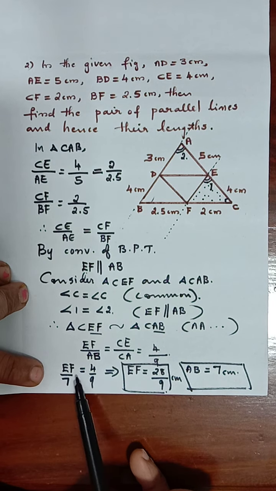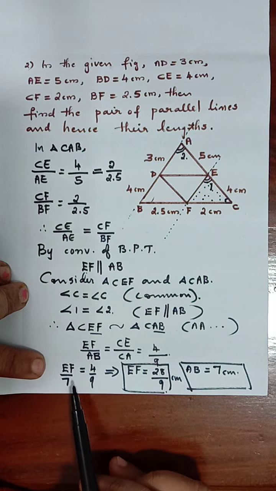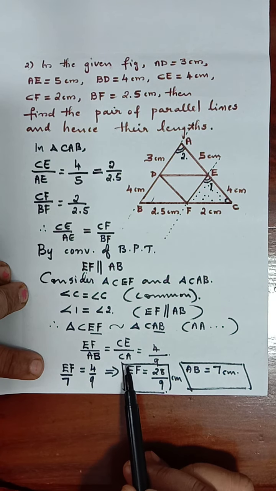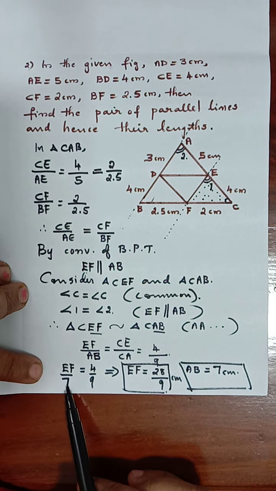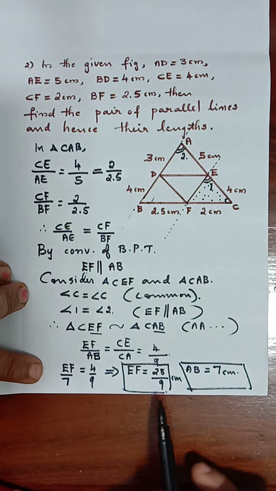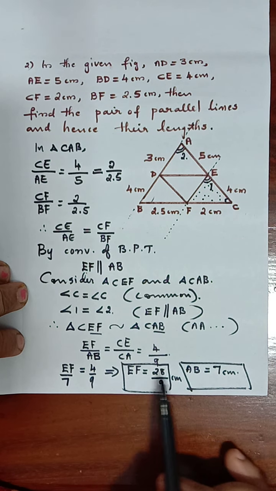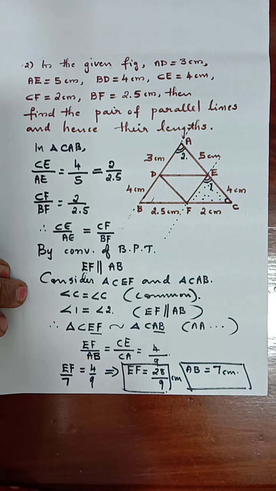EF by AB, the AB side is given to us, that is 7 units, equal to 4 by 9. CE is 4, CA is 9 when we take the total. Therefore, EF is equal to 7 times 4, which is 28 by 9 centimeter, and AB is 7 centimeter. These are the two parallel sides. So we have found the length.